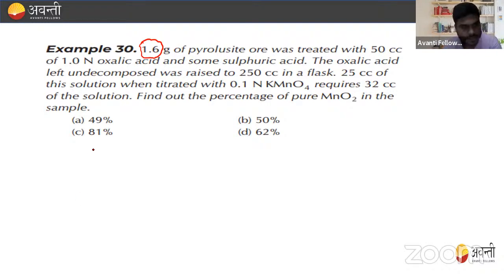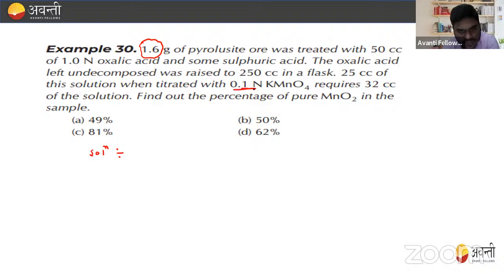Okay, so first of all, beta, we know that the molar equivalent of excess dilute oxalic acid in 25 cc is equal to the molar equivalent of KMnO4. Which is equal to what, beta? Can anyone tell? It's already given. This is 0.1 into 32, the volume is already given.